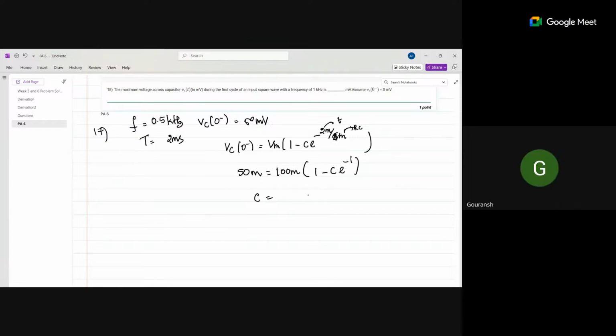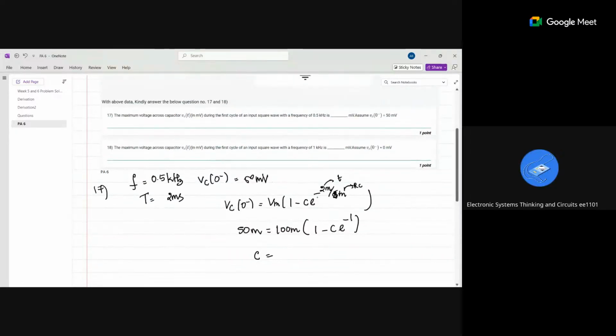So what is the value of C here? Ma'am, where is C? You would find the E value, no? Or the T. Wait, they have asked me to find Vc of t, but here Vc of 0 is not 0.